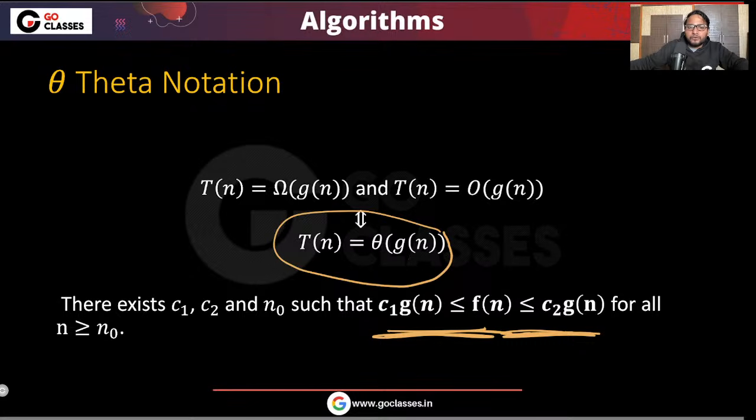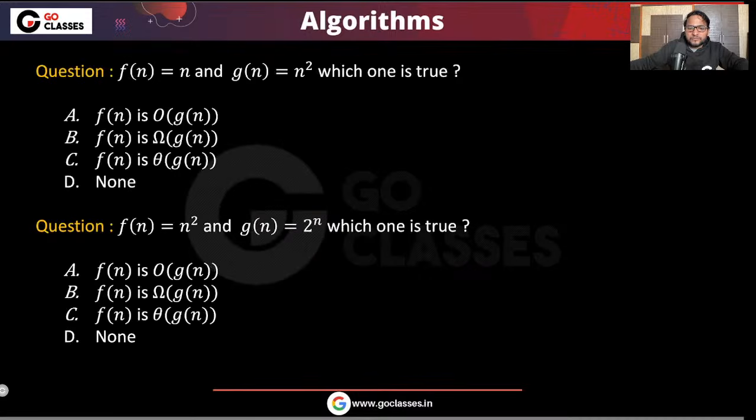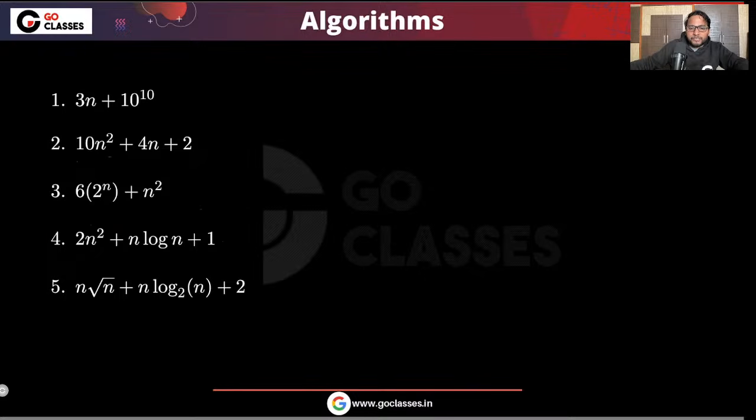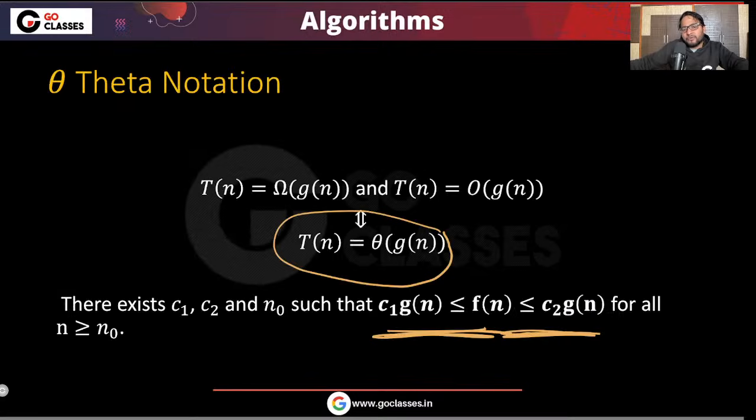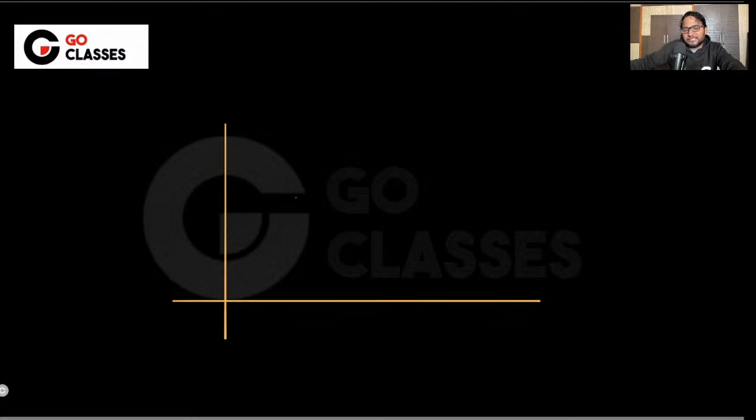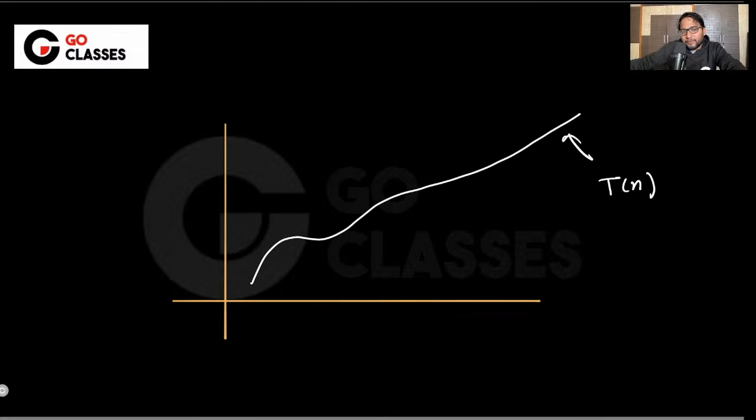I do not have the graph here, but let's suppose this is your T(n), and this is your c1 into g(n).